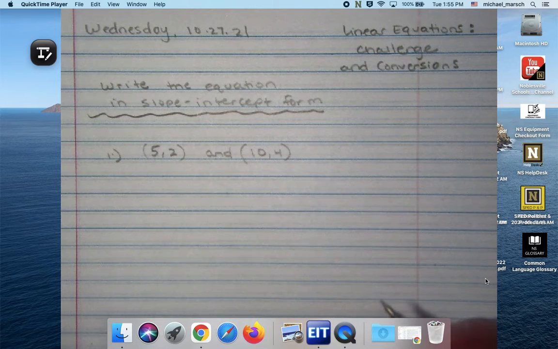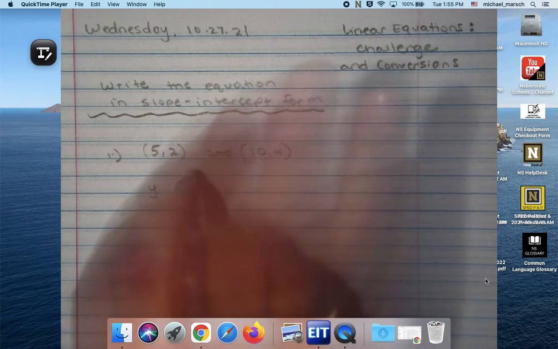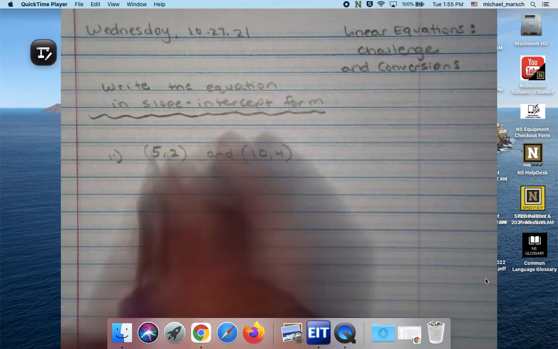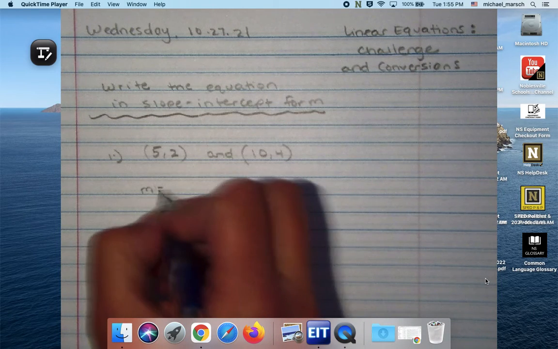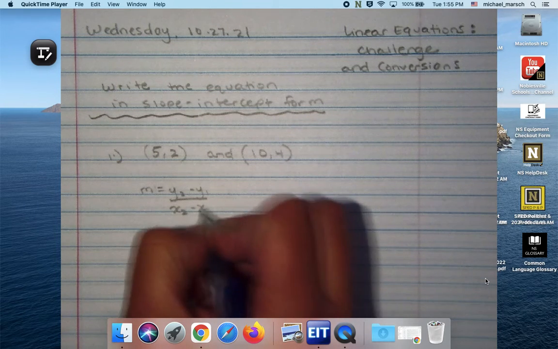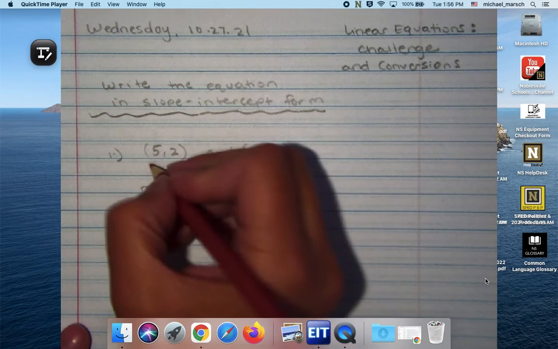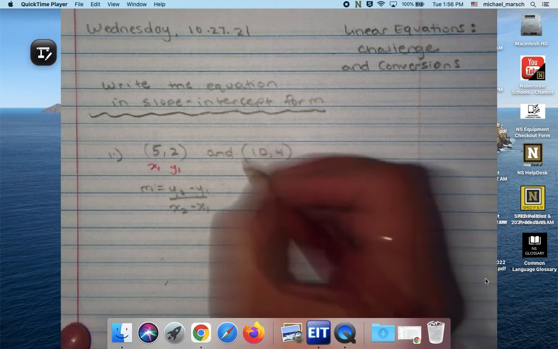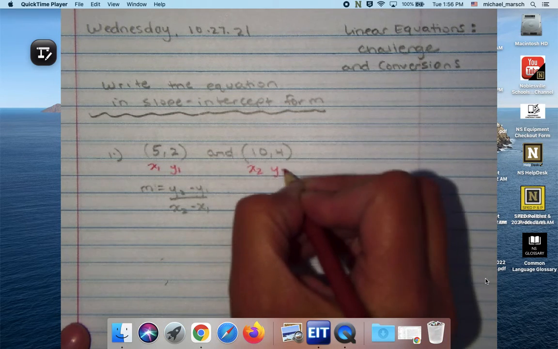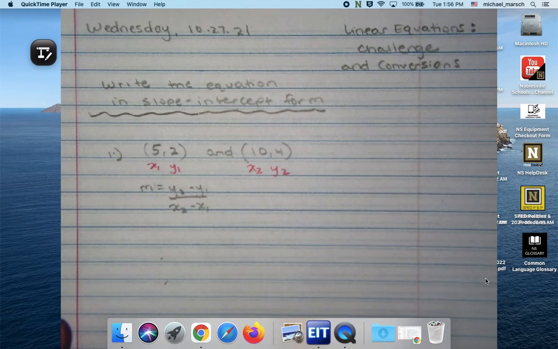Yep. Okay, so first we're going to find the slope. So we're going to do m equals y2 minus y1 over x2 minus x1. How many people got to that point? Like in their mind, they were like, this is what I need to do. Awesome. Okay, so remember, we're going to label x1, y1, x2, y2, so that we don't make any mistakes when we're filling in the formula here.